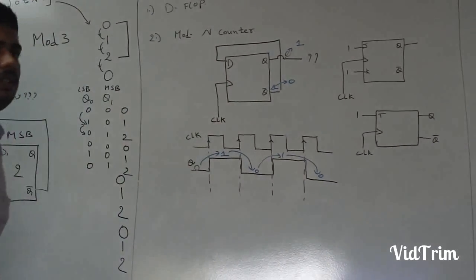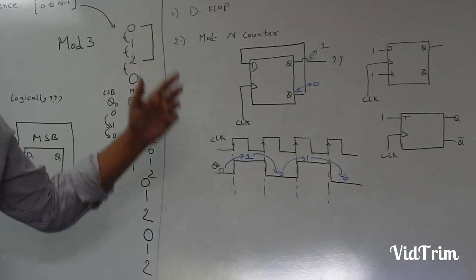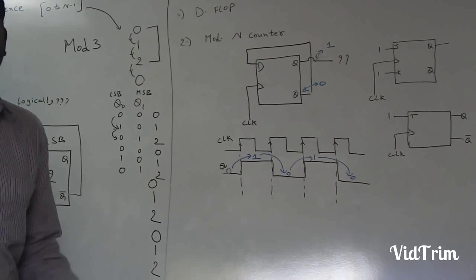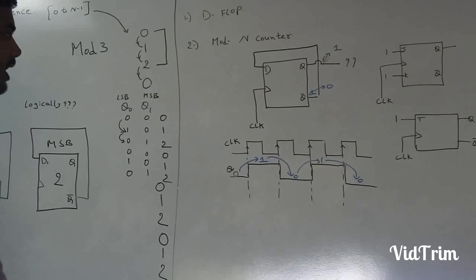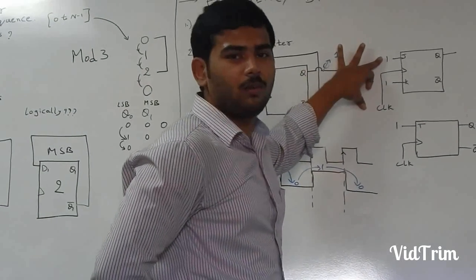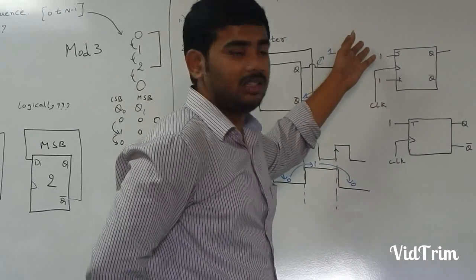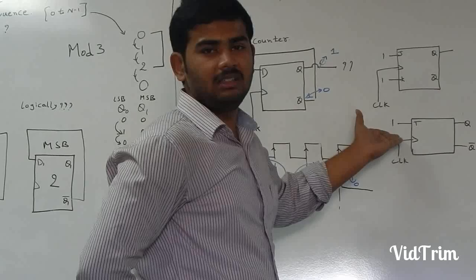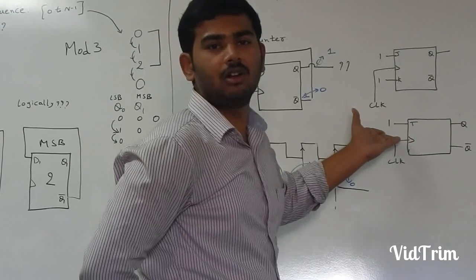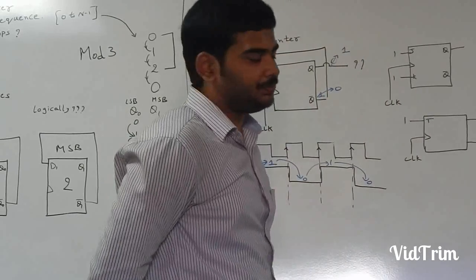So if someone asks, I don't want a mod counter with D flop, can you do it with JK flop or can you do it with T flop? If they ask, simple. You know, when J and K are both 1 in JK flop, it is said to be in toggle mode. Similarly, when T is equal to 1, it is said to be in toggle mode. So you can also use this for LSB bit.